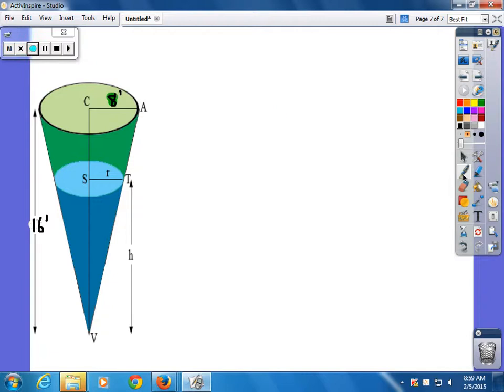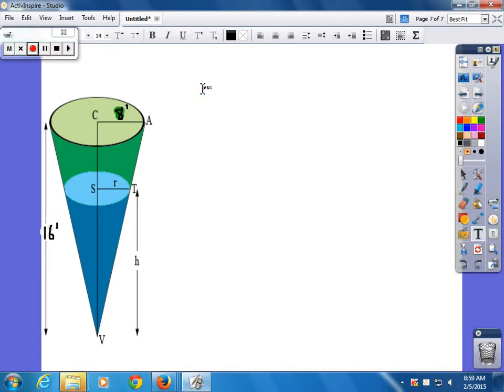And it's half full, and I'm just going to write the directions over here. Oil density is 50 pounds per cubic foot. Oil density is 50 pounds per cubic foot.